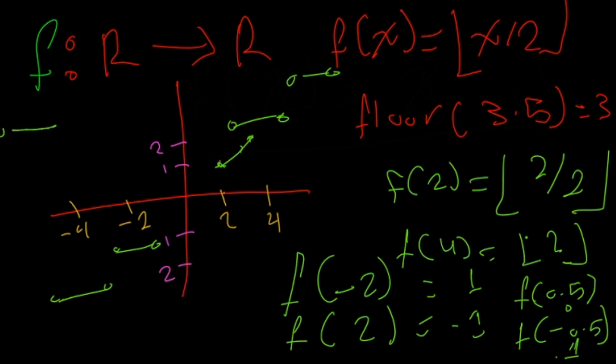So any value between 0 and 1 is very close to any value from 0 to minus 0.9999 in real numbers. So the function will never be 1 to 1 because there is a similarity in this area here. So the function is not 1 to 1.